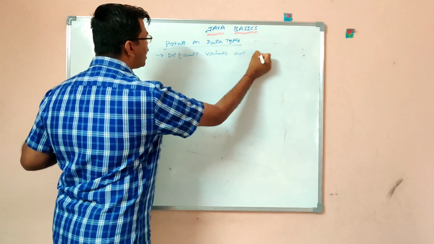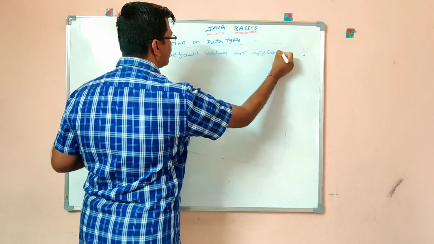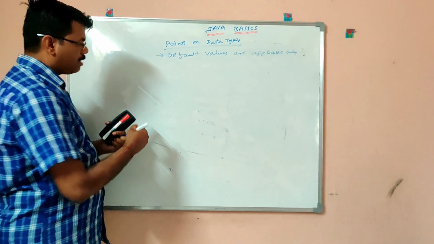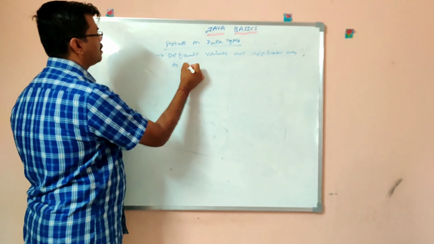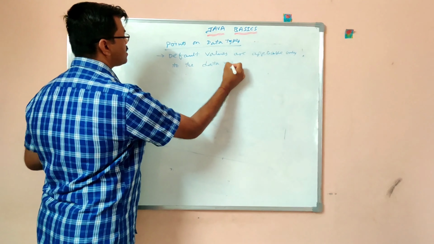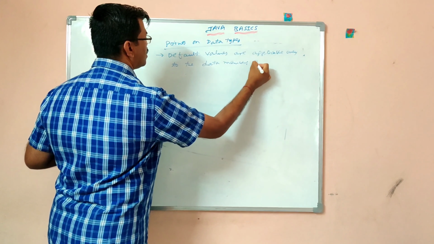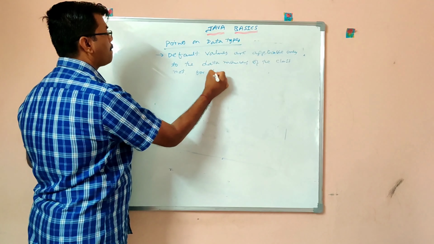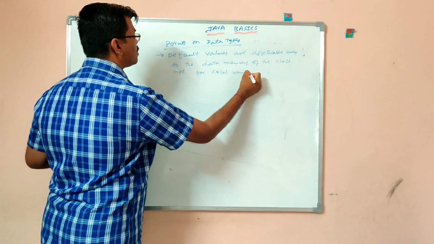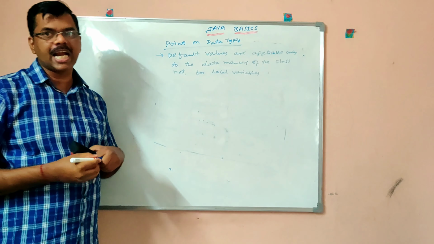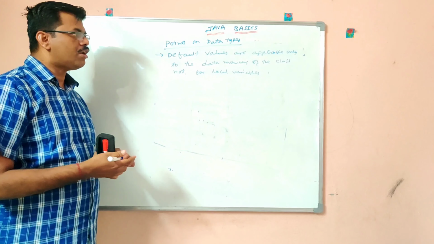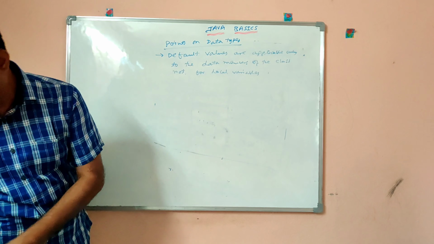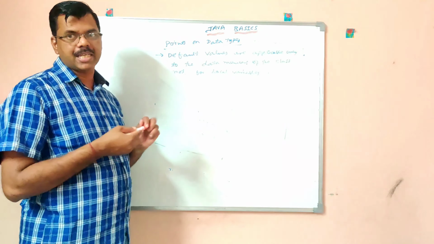Default values are applicable only to the data members of the class, not for local variables. So how to differentiate data member and local variable? If you declare any variable inside a class, we call it a data member. If you declare a variable in a method, we call it a local variable.